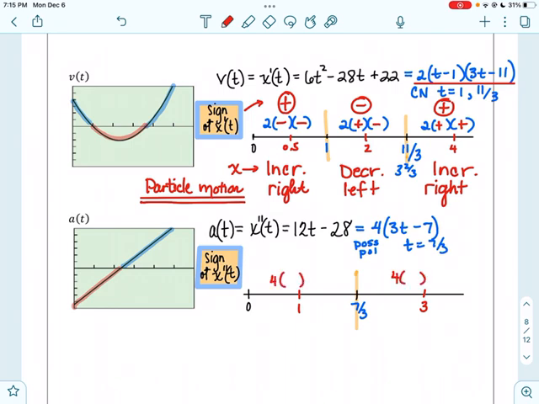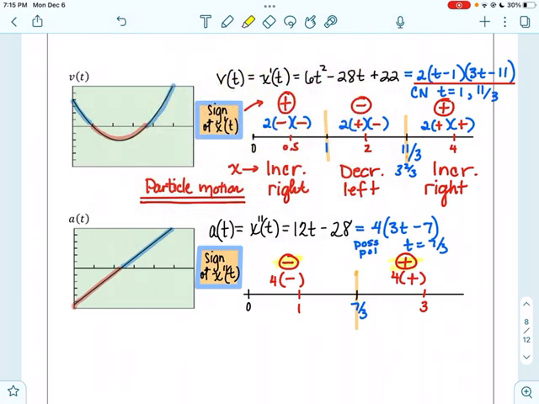So the sign of x double prime is going to be negative. And then we put a 3 in, and we have 3 times 3 is 9 minus 7, which is positive. So the sign is positive on the interval from 7/3 to infinity. So I have those two, negative to positive, about 7/3.